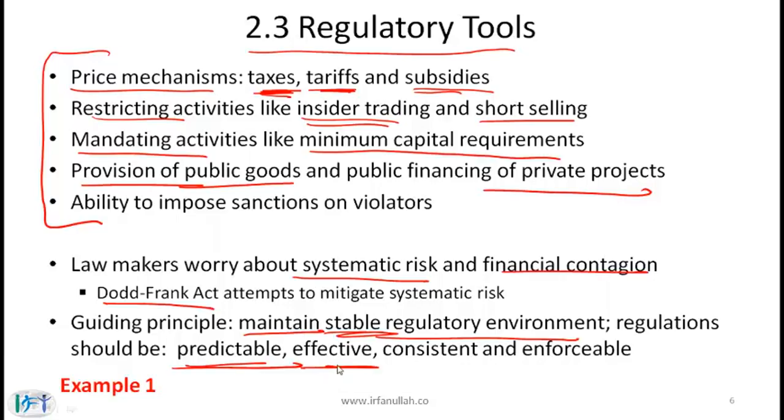Whatever the objective of that regulation is, those objectives should be met. That's what makes the regulation effective. They should be consistent over time. Again, this relates to predictable. And regulations should be enforceable. If there is a regulation that cannot be enforced, then that brings into question the value of that regulation.